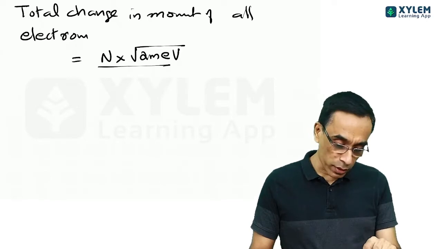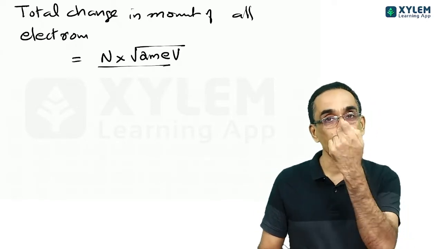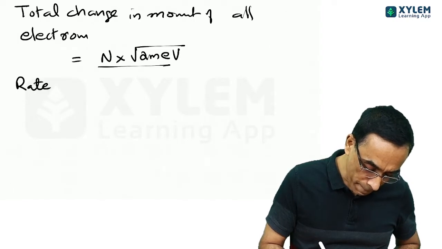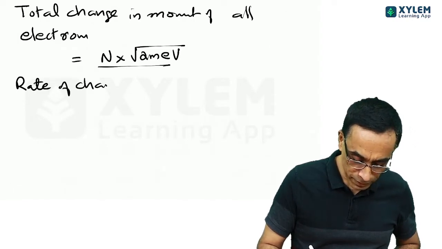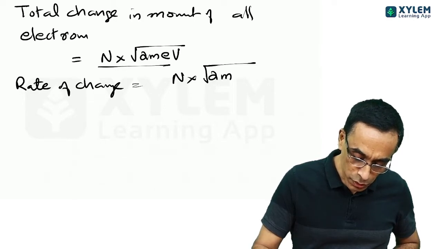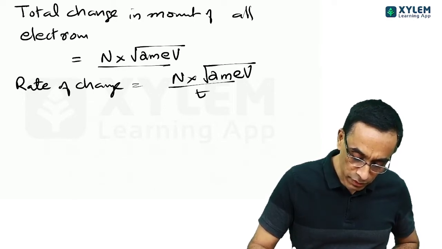N number of photoelectrons are there into change in momentum of 1 photoelectron. So what is the rate of change of momentum? That is N into root 2m E into V divided by T.